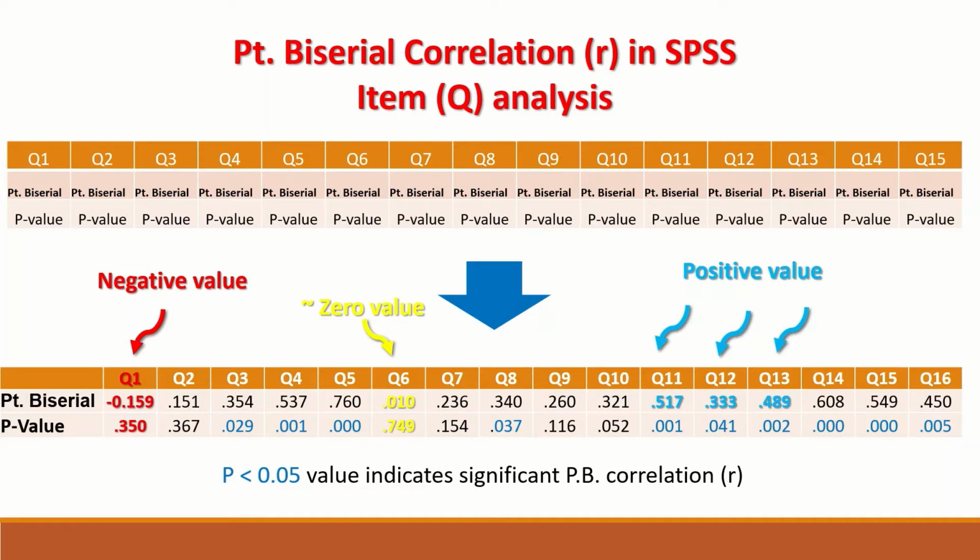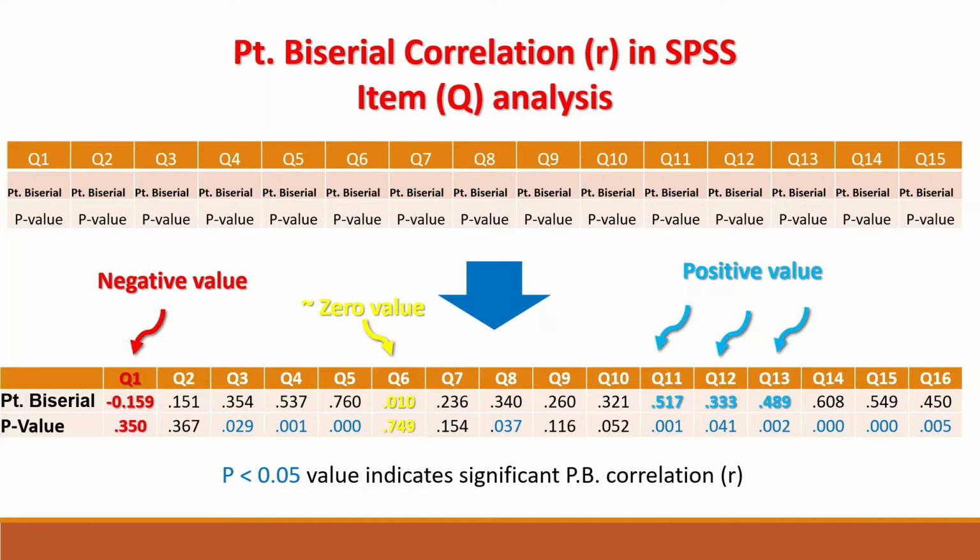As we can see here, for each individual question, there is a point-biserial value calculated and a p-value, for question number 1 to question number 15. Again, here we have questions with their point-biserial value and p-value.